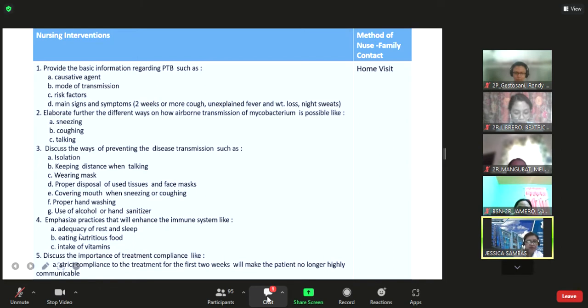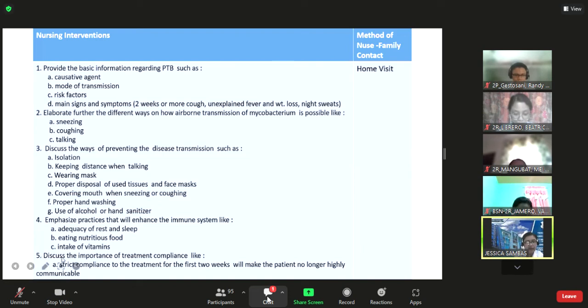Number 4, emphasize practices that will enhance the immune system, like adequacy of rest and sleep. Kay, di ba, na-emphasize ka ganina, sige lang daw sila o panmaligya o barbecue. Eating nutritious food, intake of vitamins.